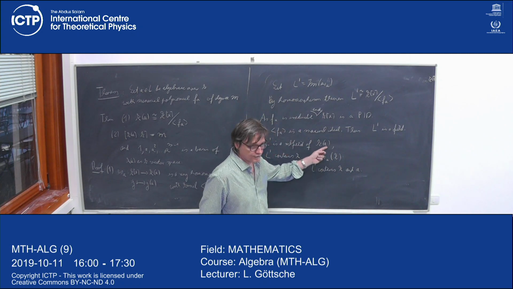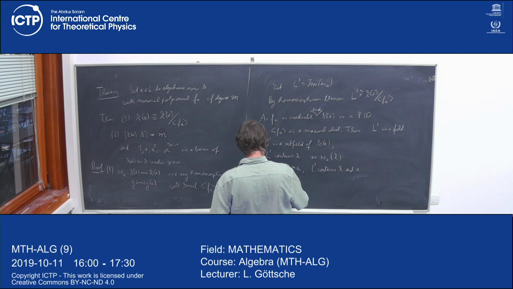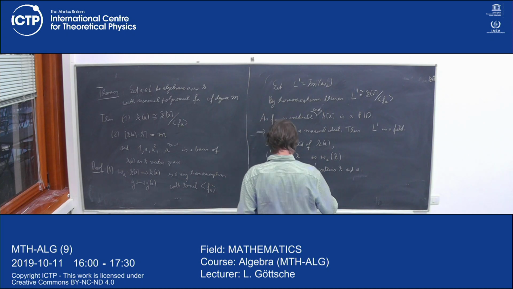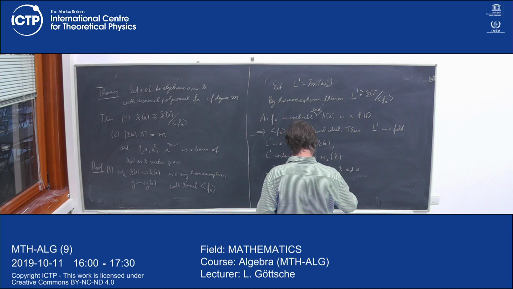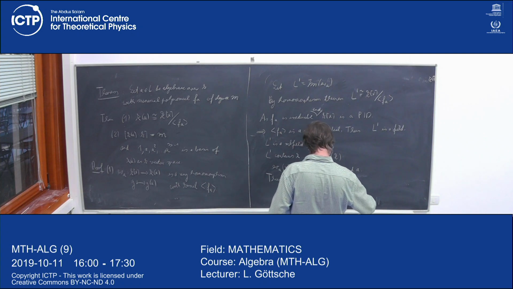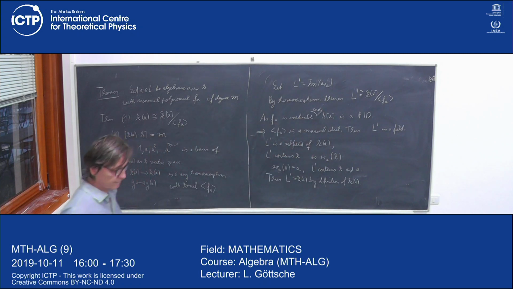But K(a) was the smallest subfield of L which contains them. So it means that they're equal. Thus L prime is equal to K(a) by definition. So therefore this map is surjective.